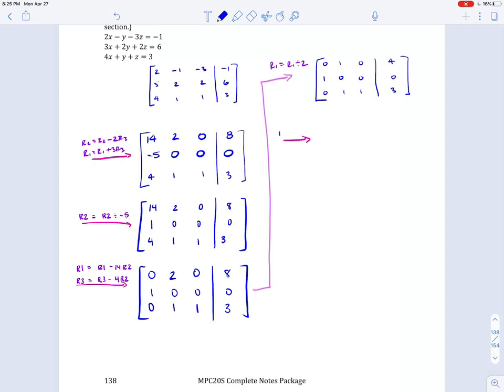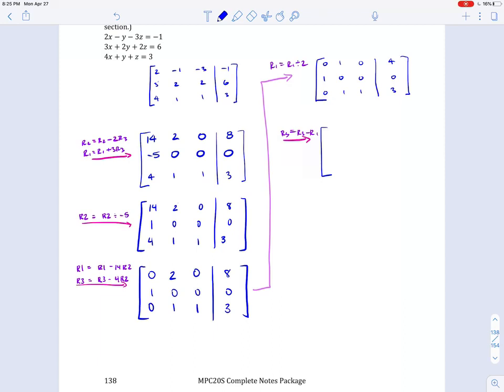And in my nextest step, there's 2 1s in this column. Not ideal. I need that one to be a 0. In that case, I'm going to take row 3 in purple and subtract row 1.